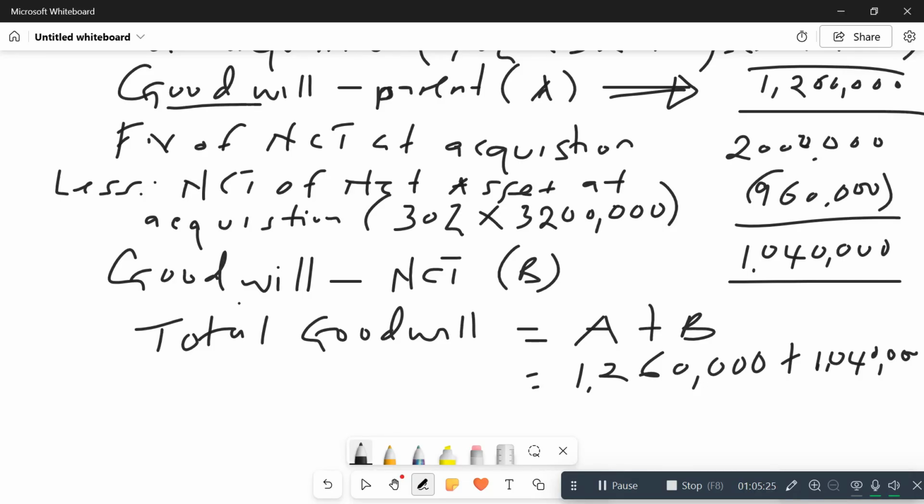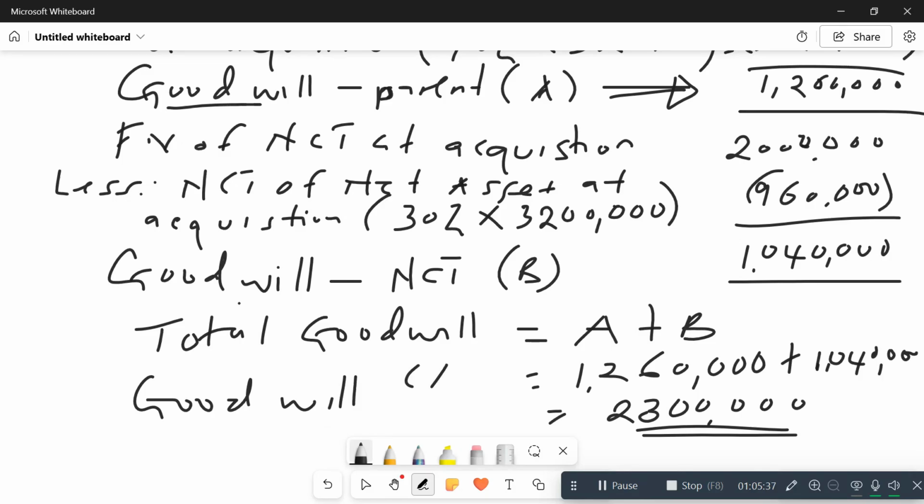We shall get our goodwill as 1.3 million. And this is the goodwill. We shall take our balance sheet goodwill, call that goodwill carried down. That's the goodwill we shall be able to take to our balance sheet.